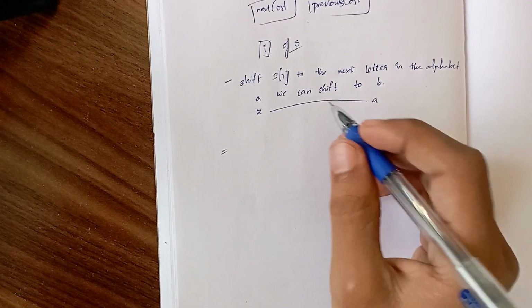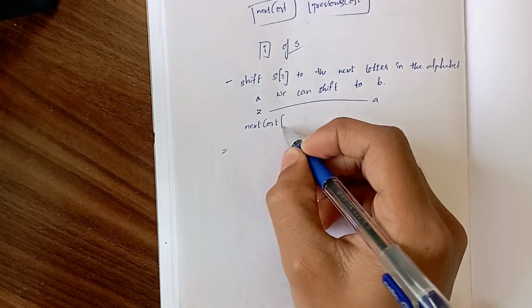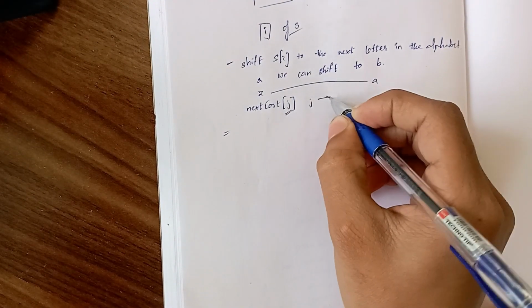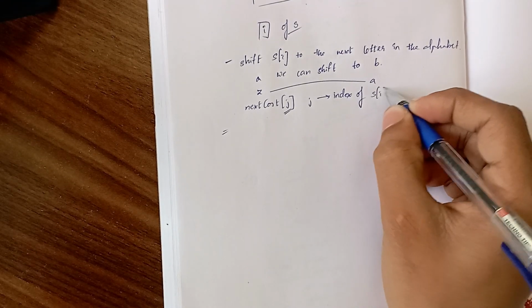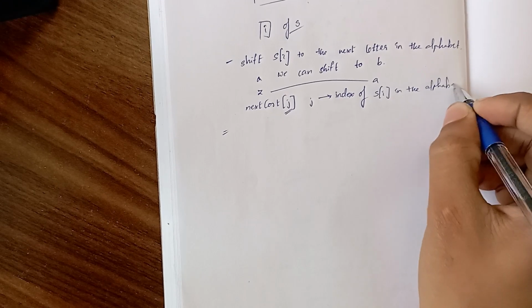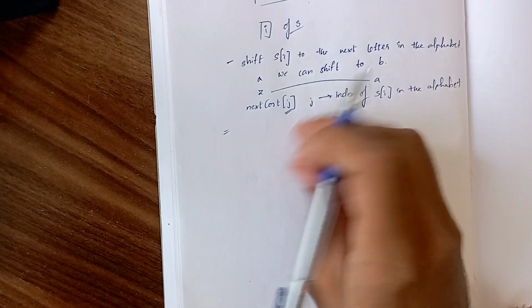This operation costs next cost of j, where j is the index of S of I in the alphabet. And the same applies to the previous cost.